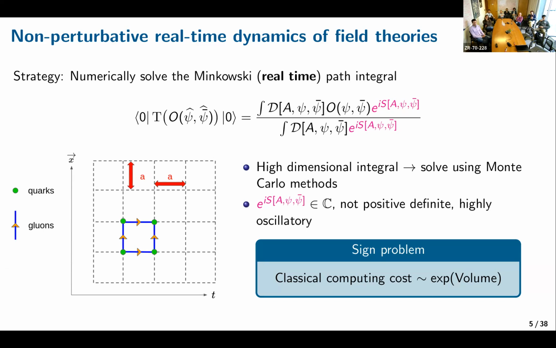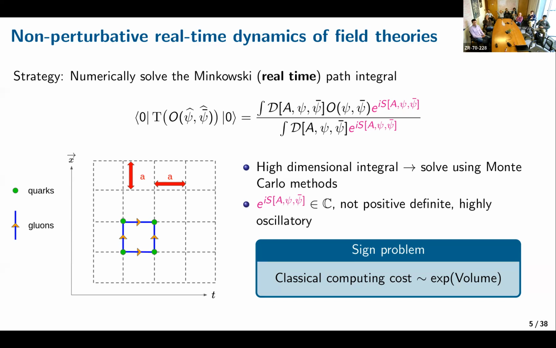So this is not positive definite, and it's also highly oscillatory. These properties mean that if you do a resource count of how much classical computing resources you need to solve this, you find that it scales exponentially with the volume. This exponential volume scaling is prohibitively expensive, meaning we can't really study real-time dynamics except for very small lattices, and so we can't extract interesting physics in this way.